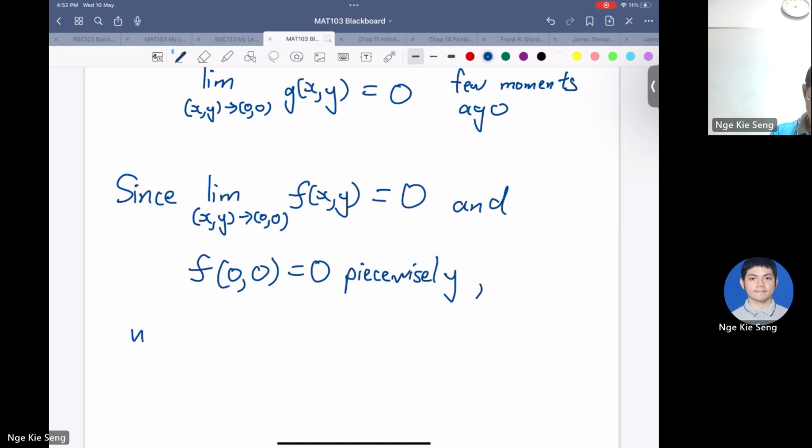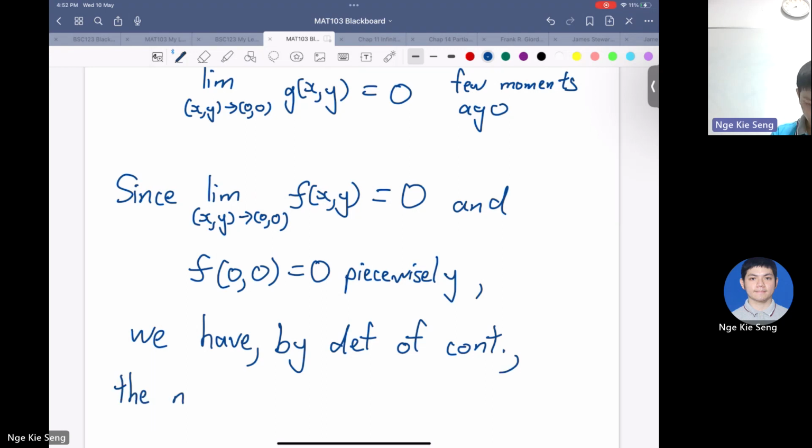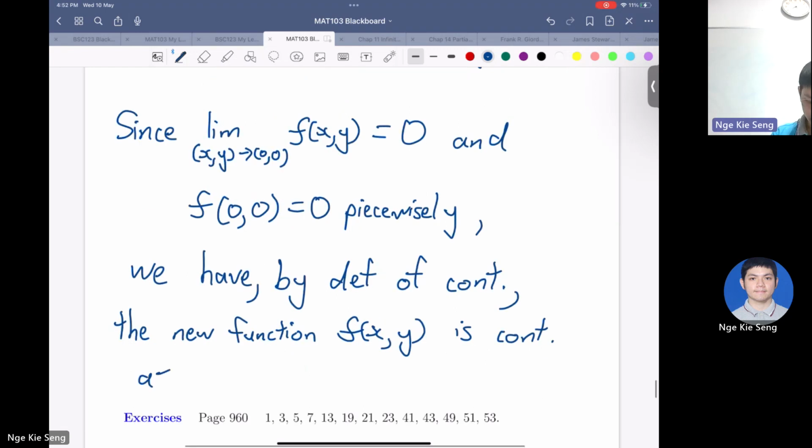Then we have, by definition of continuity, the new function f(x,y) is continuous at the point 0, 0.